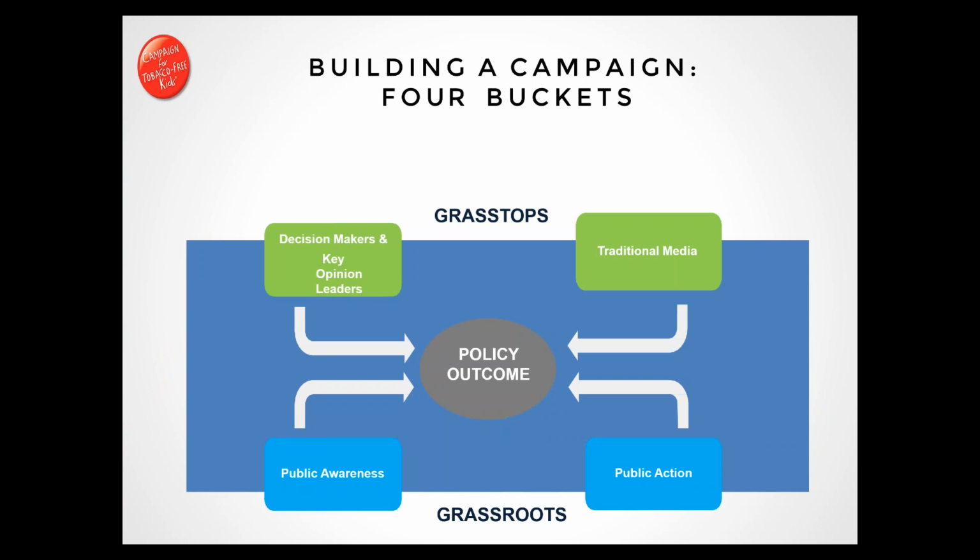And we divide this into what we call the 4 buckets, divided between broad-based public communications activities as a grassroots bucket of taking people from public awareness to action, and then grass tops, identifying individuals who have a role or influence over the decision-making process on the upper left bucket, and then traditional media and how digital helps impact the role of traditional media coverage in a campaign as being critically important. So this will really help you in tactically identifying things that will have impact for your campaign.